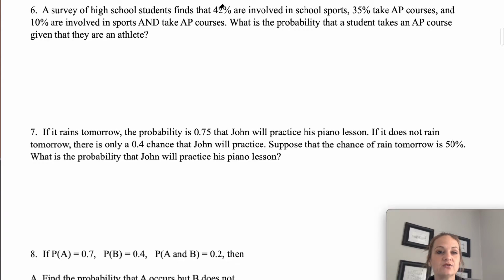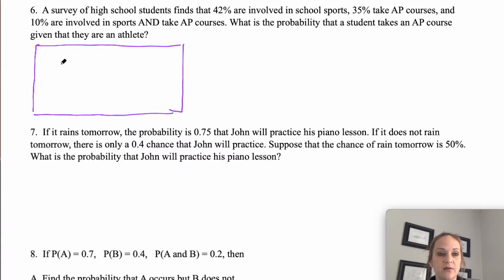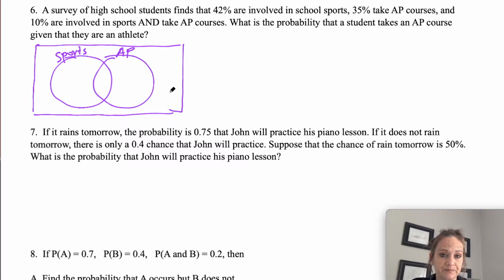A survey of high school students find the following things. I am going to draw a Venn diagram in order to help me to solve this problem. We know that there's people in sports, we know there's people in AP courses, and then anyone on the outside is in neither.